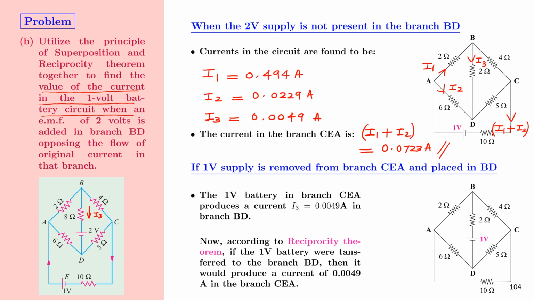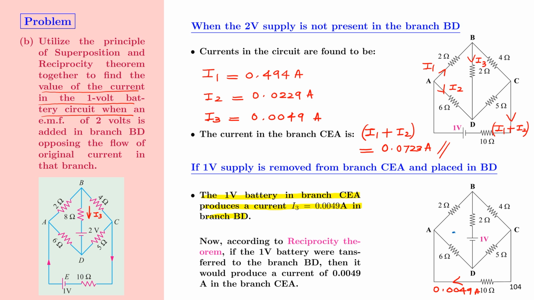We saw that the 1 volt battery in branch CEA produced a current I3 equal to 0.0049 ampere in branch BD. Then, according to the reciprocity theorem, if the 1 volt battery were transferred to branch BD, it would produce a current of 0.0049 ampere in branch CEA.